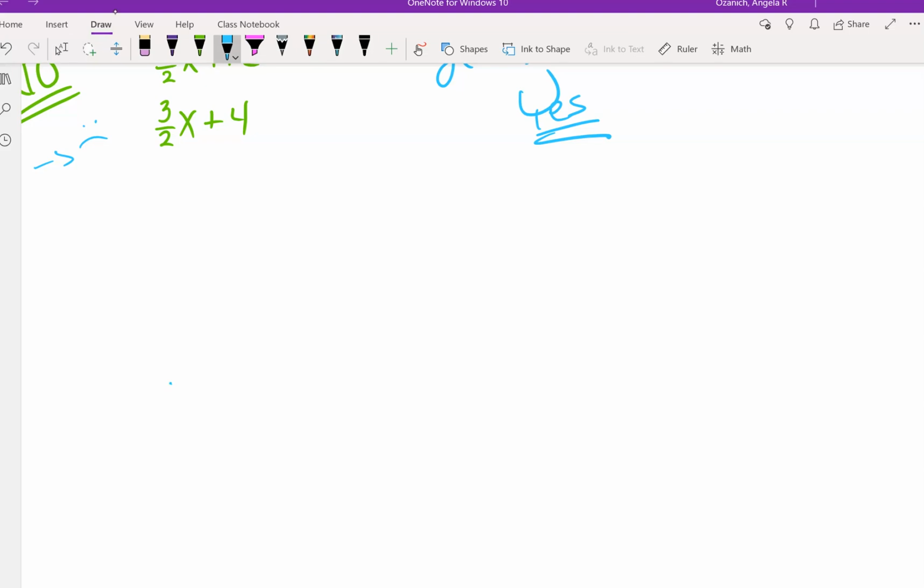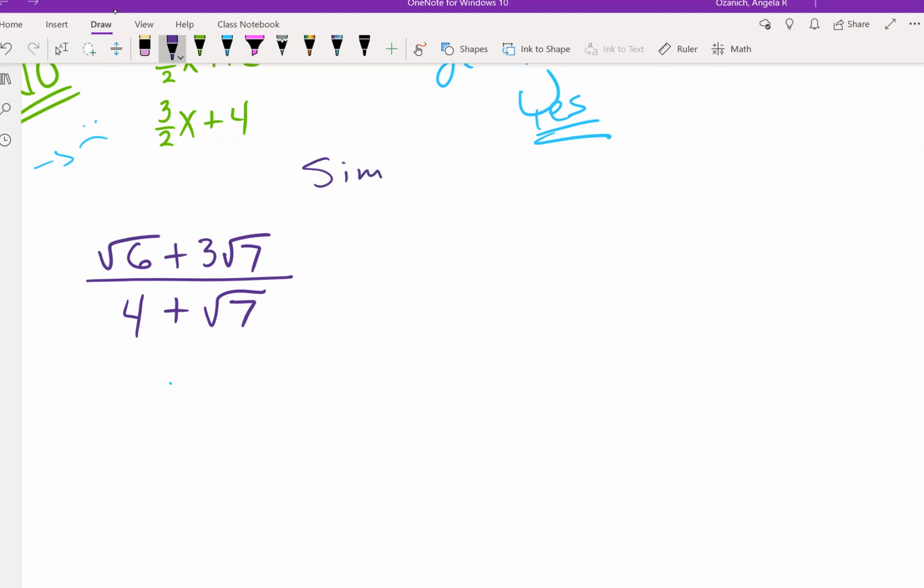So we're going to try this complex conjugate. So I had root 6 plus 3 root 7, all divided by 4 plus root 7. And the goal is to simplify. Okay? So because of this plus sign, we cannot just multiply by root 7 over root 7.